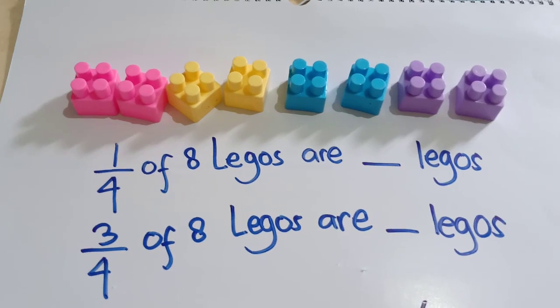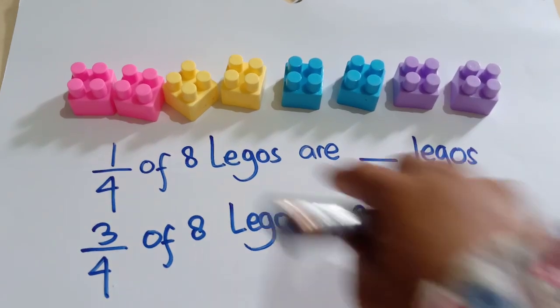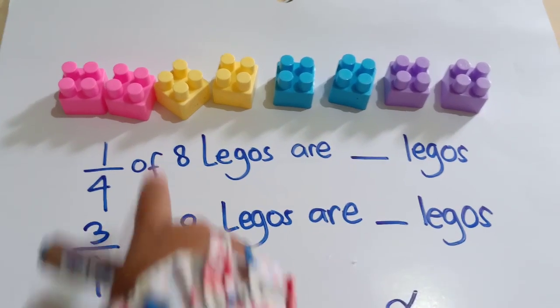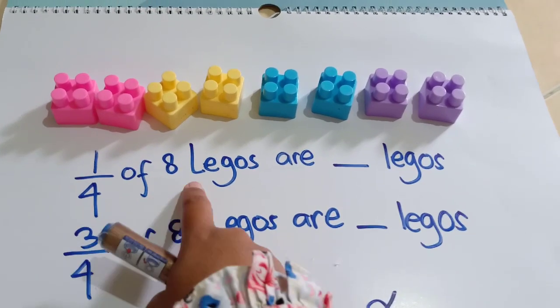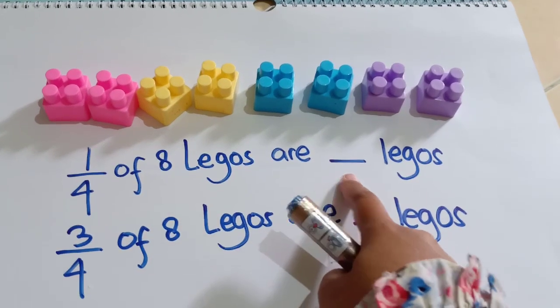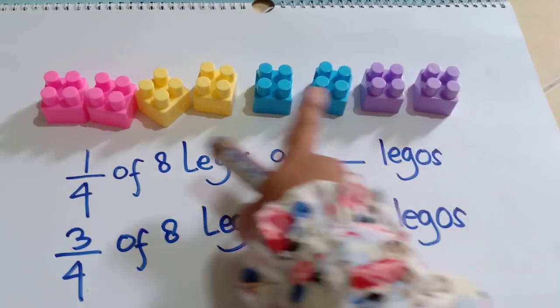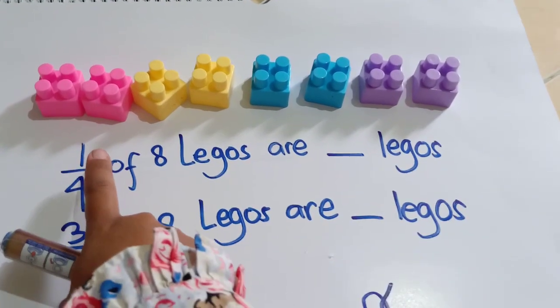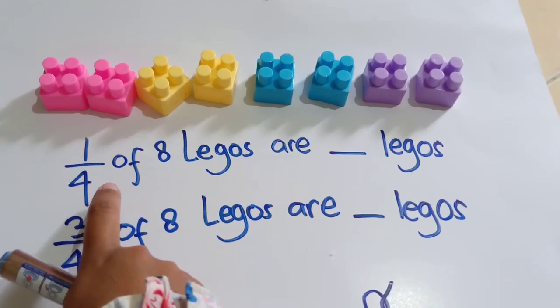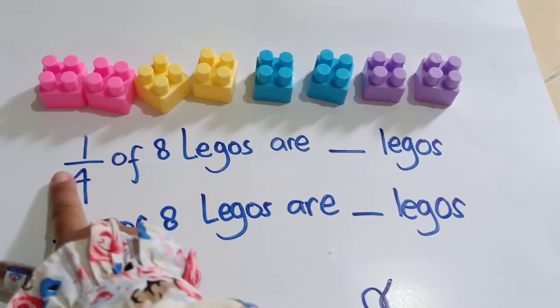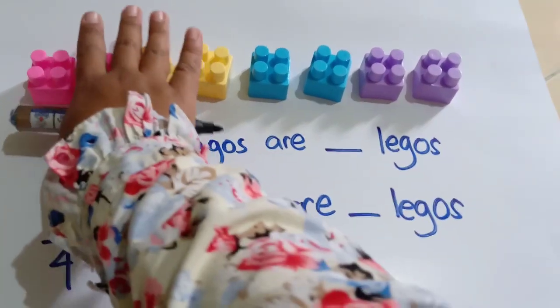Okay, now look at this question. I have 2 questions. A quarter, or 1/4, of 8 Legos is how many Legos? Look at those 8 Legos. The question is 1/4, so I must divide the Legos into 4 groups.